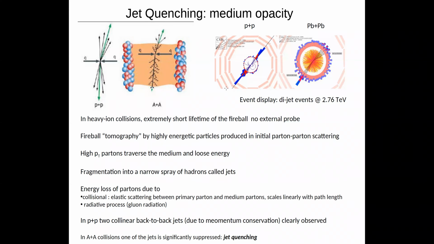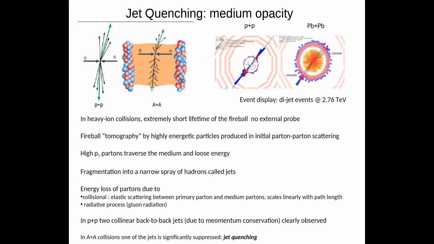Now, in case of heavy ion collision, these high pT partons traverse the medium and they lose energy. And these high pT partons fragment into narrow sprays of hadrons. They are called jets. These partons lose energy due to their interaction in the medium. The larger the distance they travel inside the medium, the more will be the interaction of the partons with the medium, and the more they lose energy.